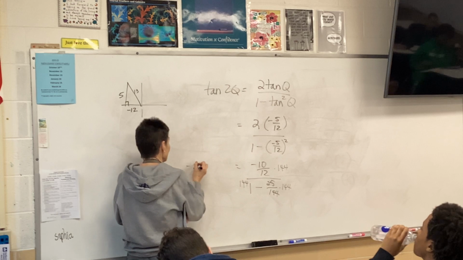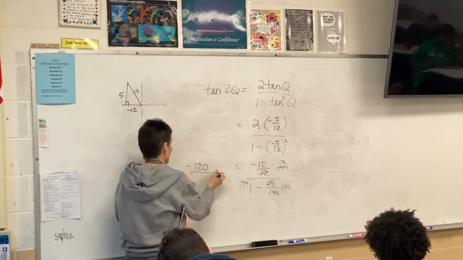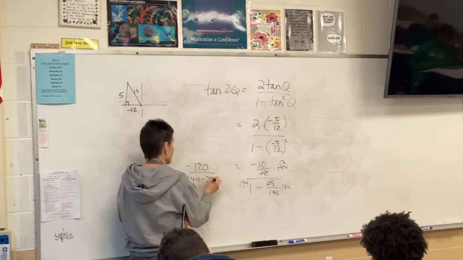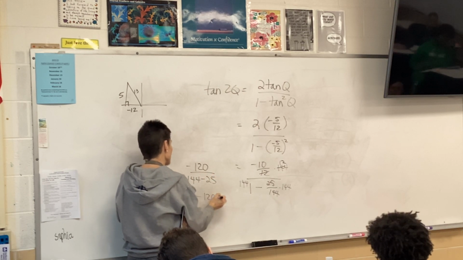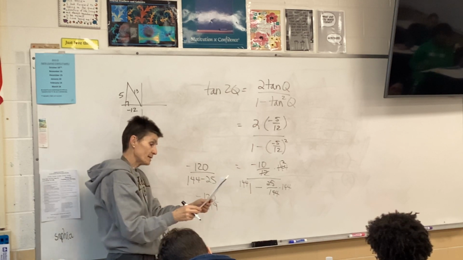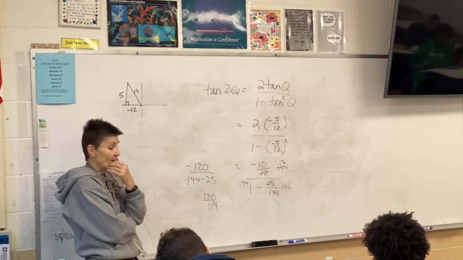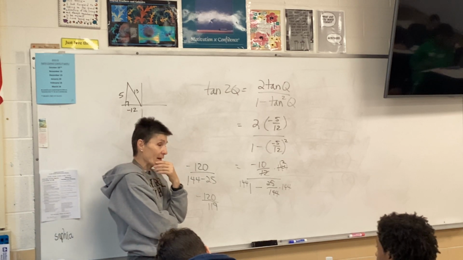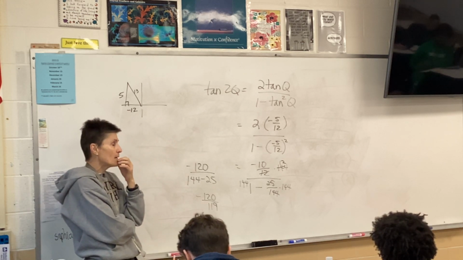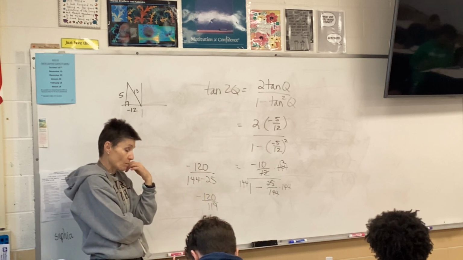So I get negative 120 over 144 minus 25. I got negative 120 over 119. Let's see if that's what I got when I did it. Yep. Now, they also gave me information about angle P in this problem, but I didn't need it for this part. I need the angle P stuff for part B.